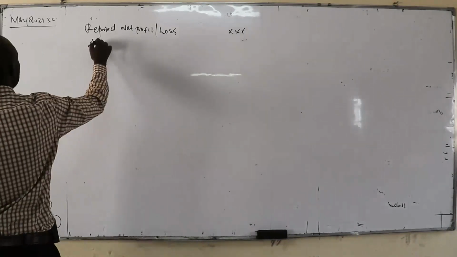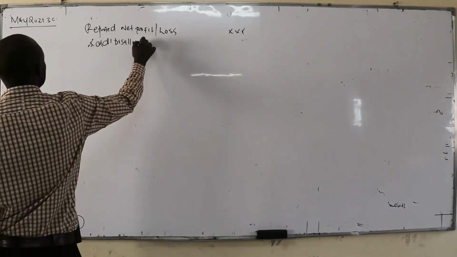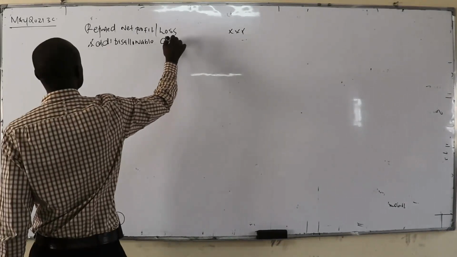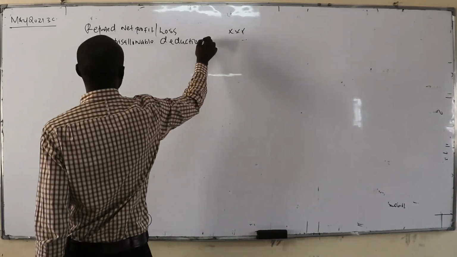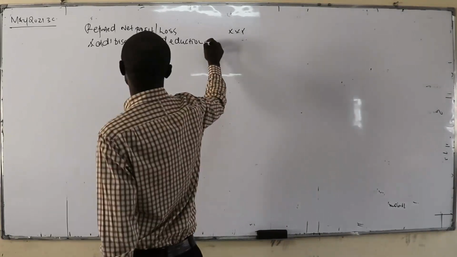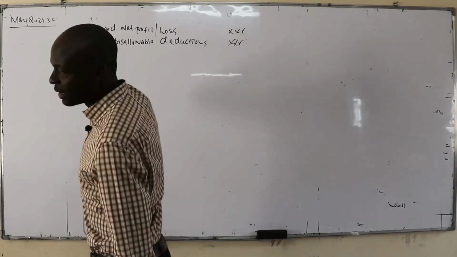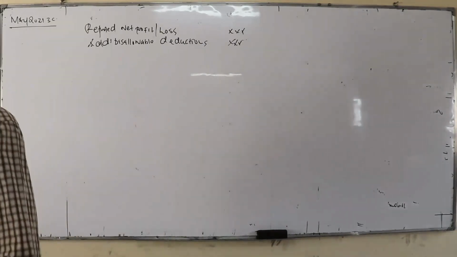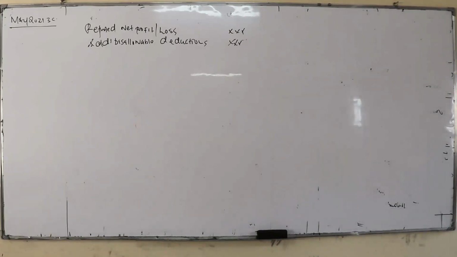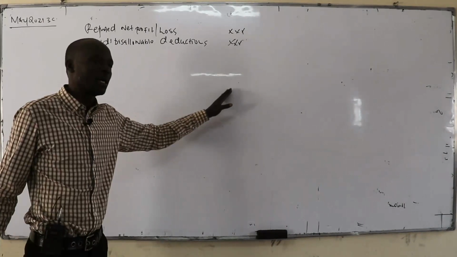You add disallowable deductions. So in that statement, when you arrive at the net profit, it means you have deducted expenses. So you check one by one which of these expenses that were deducted were not supposed to be deducted, and then you add back.